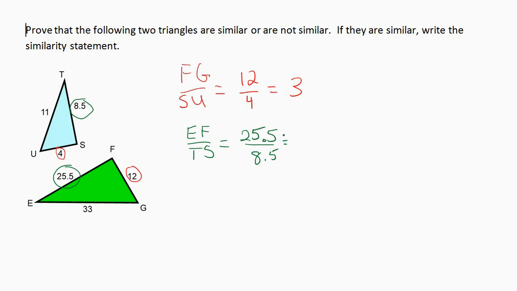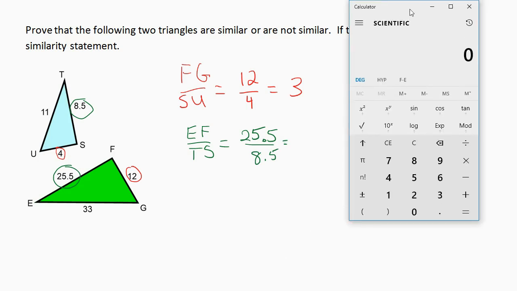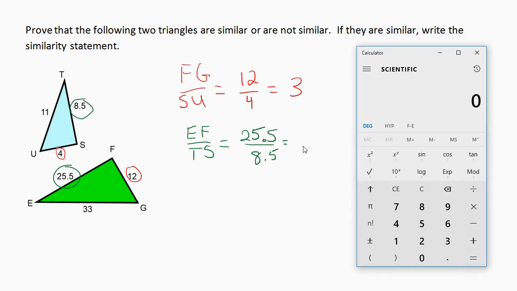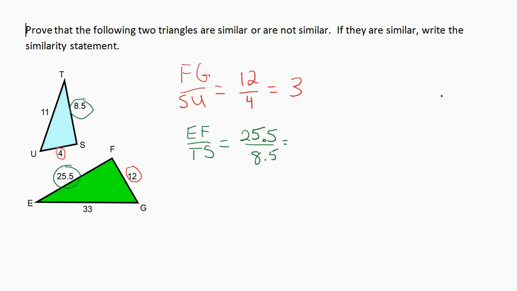And I'm not going to be able to do this one in my head, so we'll pull out the calculator, and we find that 25.5 divided by 8.5 is also 3. And for the third side, we'll grab a third color.